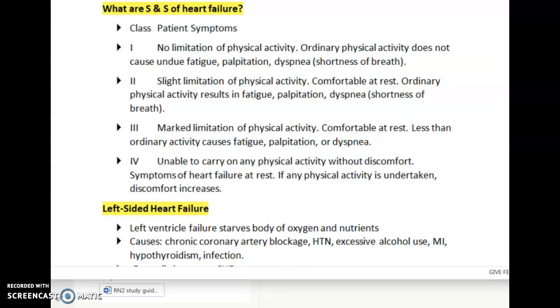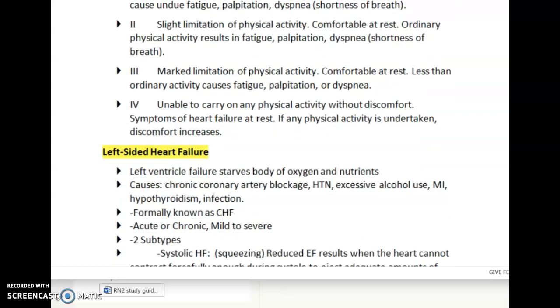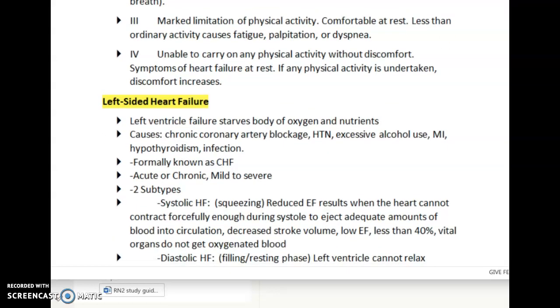Class 3, marked limitation of physical activity, comfortable at rest. Less than ordinary activity causes fatigue, palpitation, or dyspnea. And then that final class, class 4, unable to carry on any physical activity without discomfort, symptoms of heart failure at rest. If any physical activity is undertaken, discomfort increases.